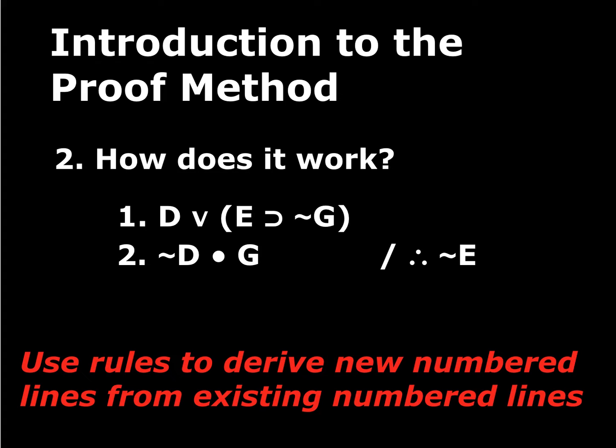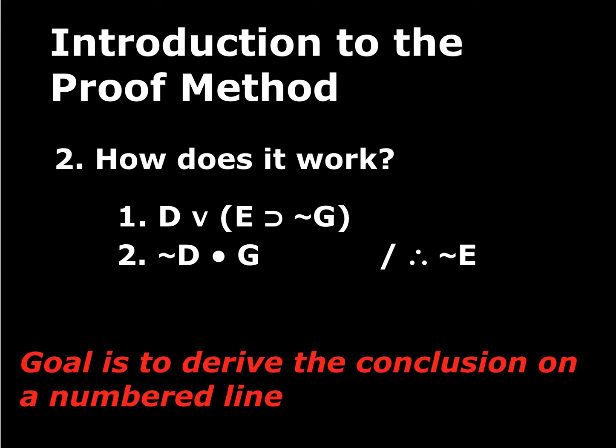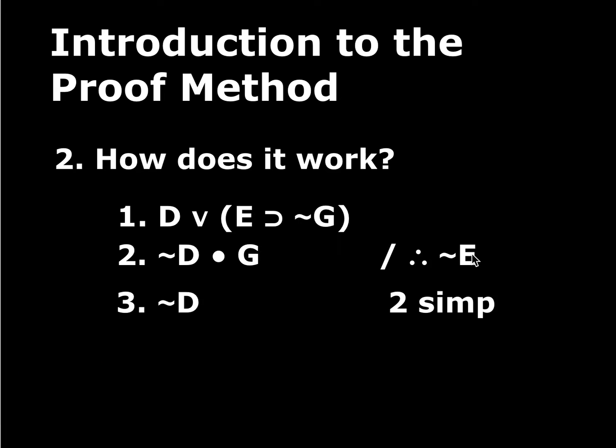The conclusion is no longer a numbered statement. We've moved that off to the side and taken the number away. We're going to derive new lines underneath the premises, and the goal is to eventually derive the conclusion, a new numbered line that is the same statement as the conclusion. In this case, we want to derive not E on a new line.